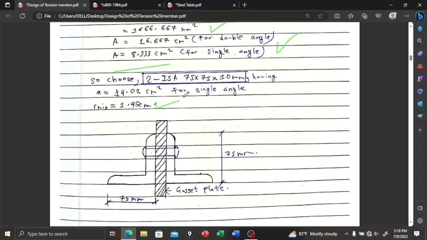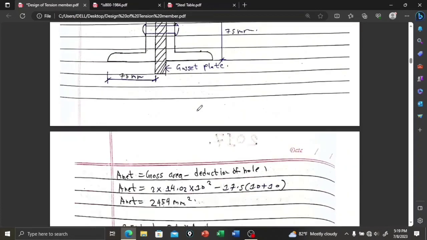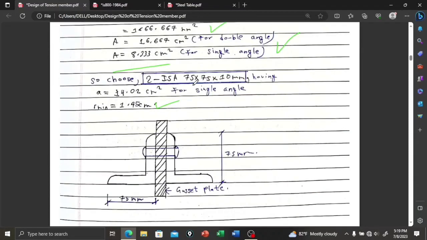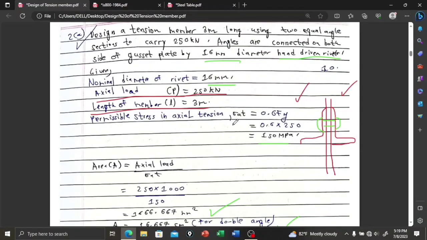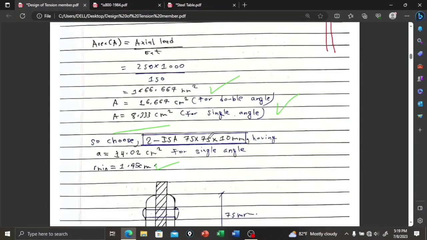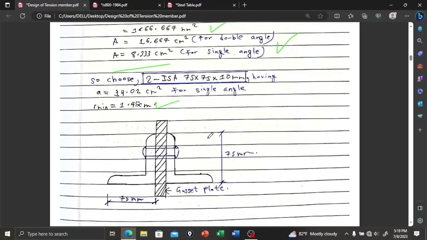To convert centimeter square into millimeter square, we multiply by 100, minus deduction of hole. The hole diameter is 17.5, because 16 is less than 25, so plus 1.5, that is 17.5.